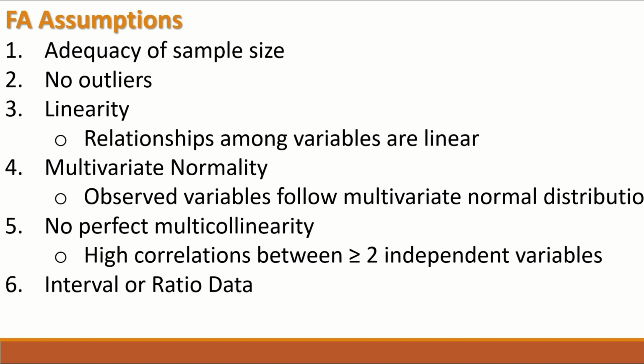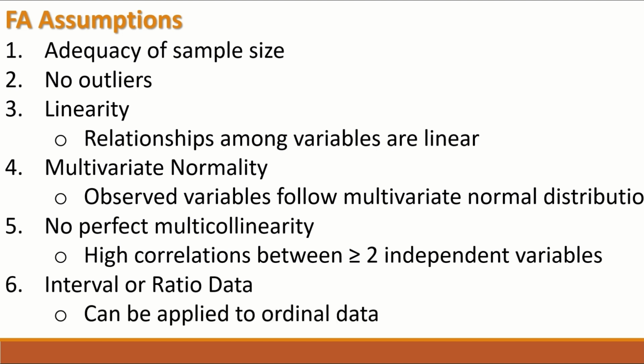The sixth assumption is that the data has to be interval or ratio continuous data. However, factor analysis can be applied to ordinal data, such as Likert scale, 5-point or 10-point Likert scale.